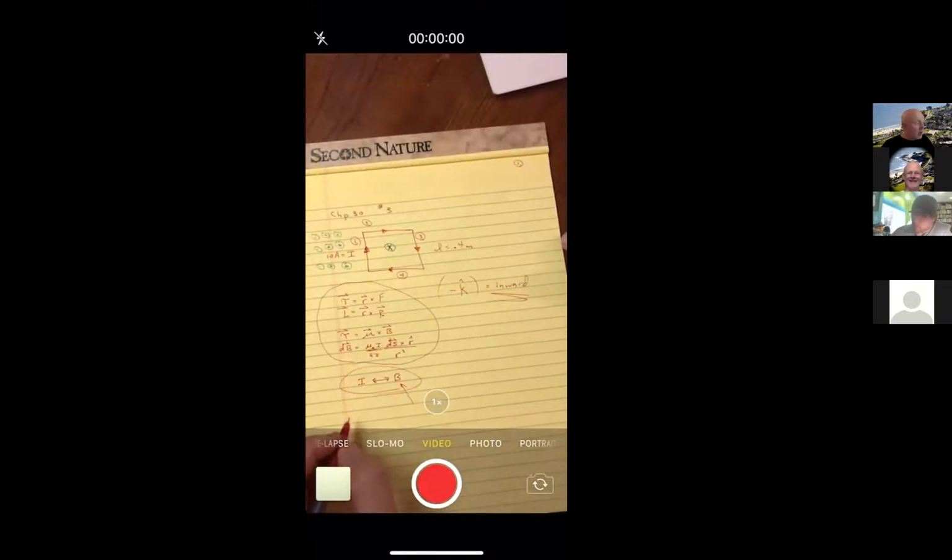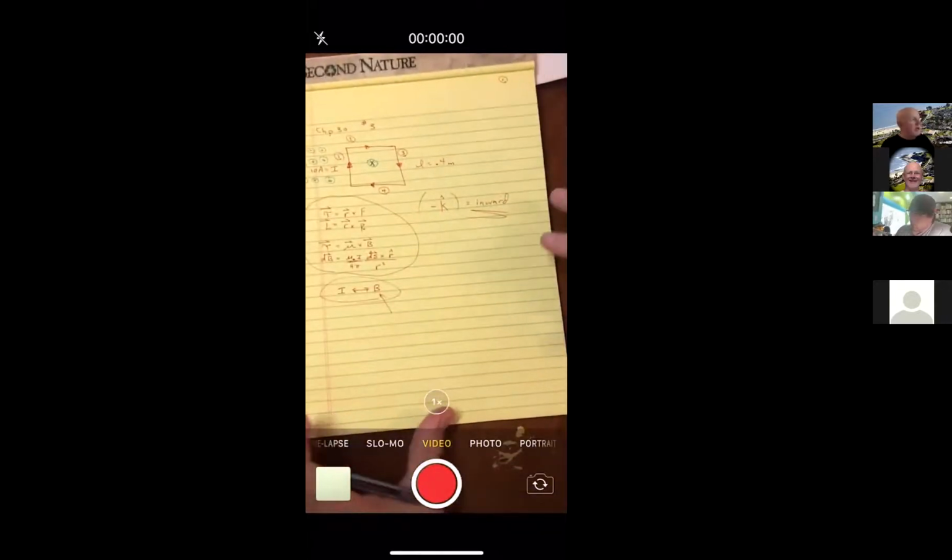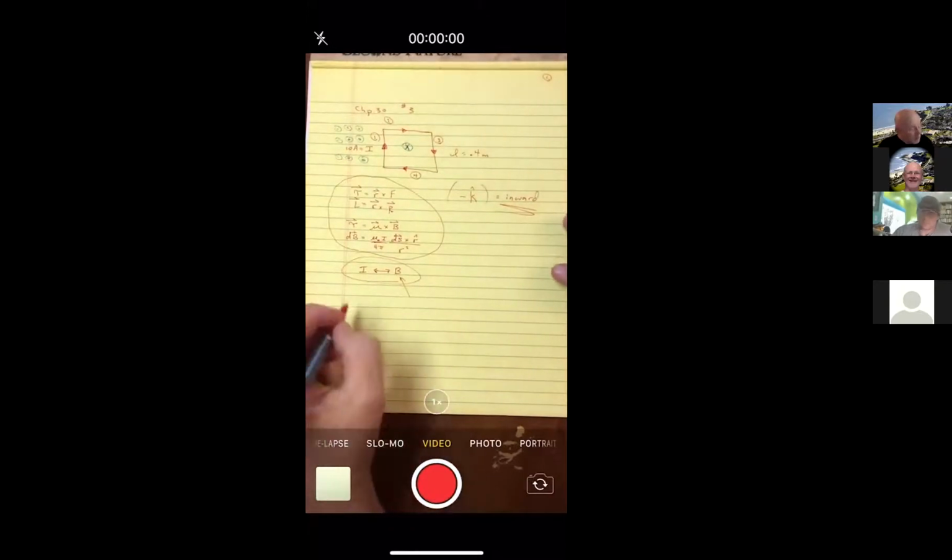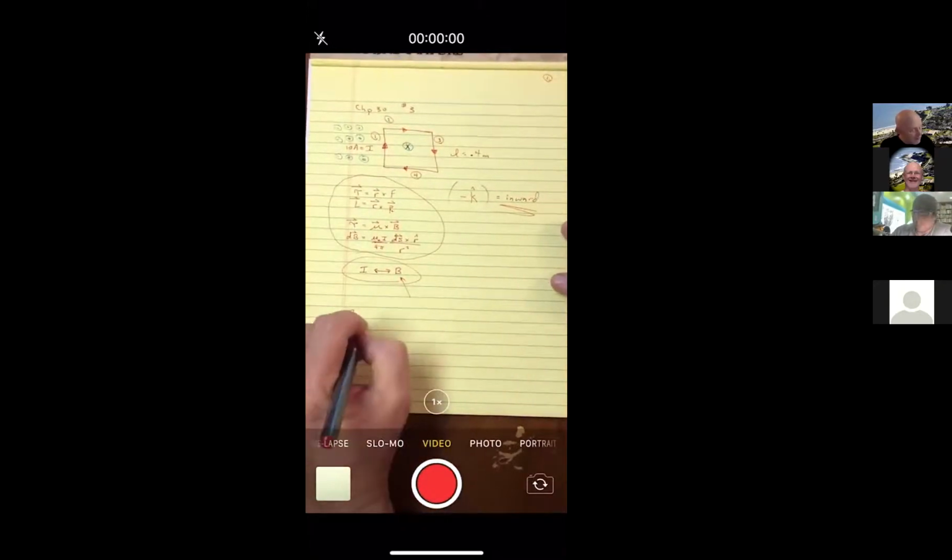So why don't I start with just saying, okay, what is the magnetic field from wire number 1?